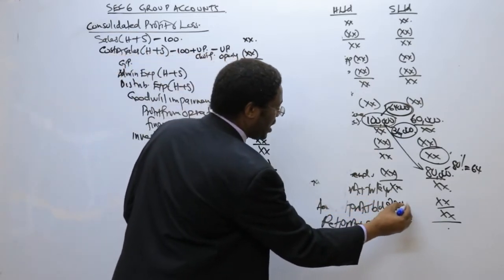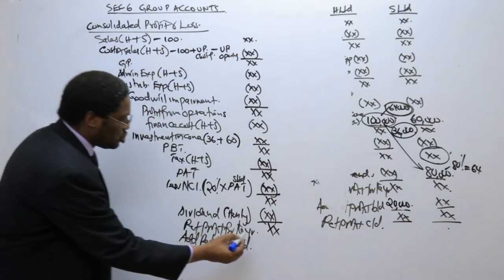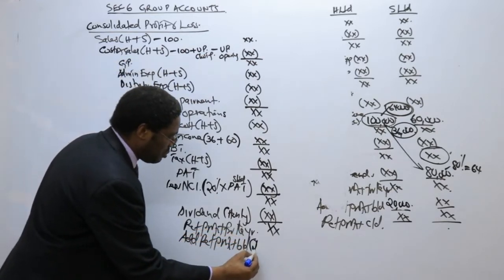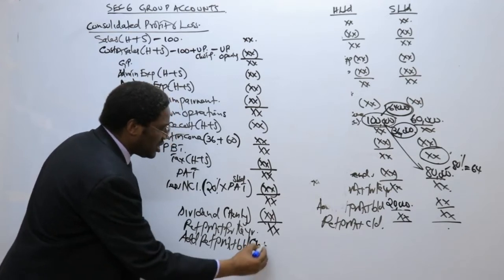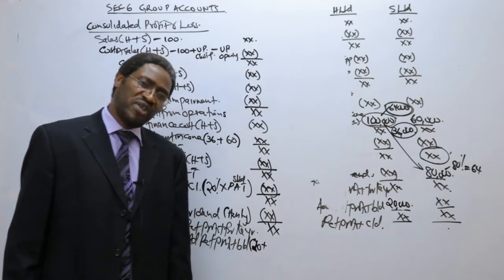Maybe our figures are in thousands. It's 20 million. We said that 20 million should be part of the group income.